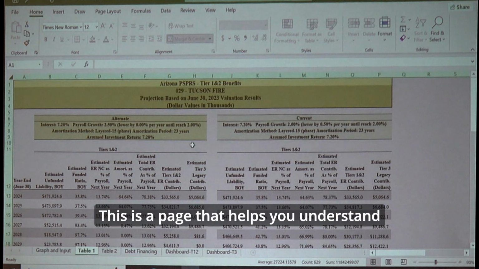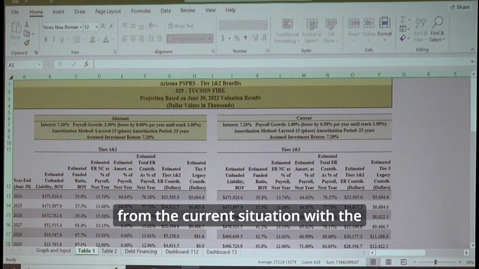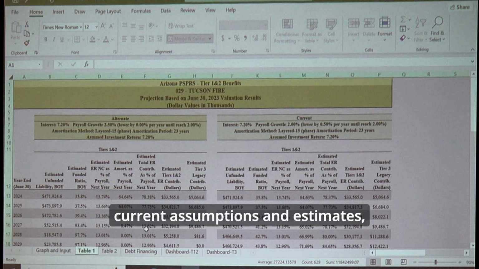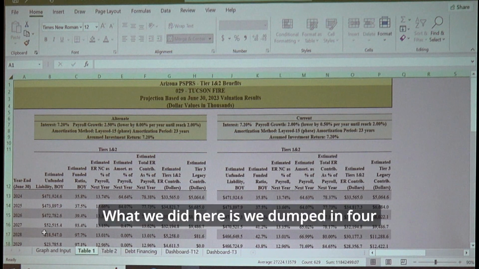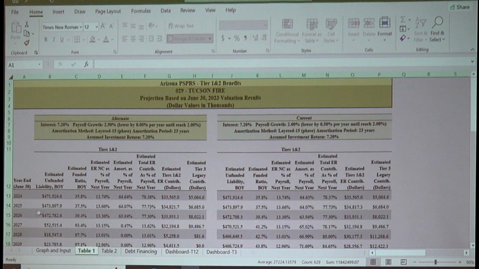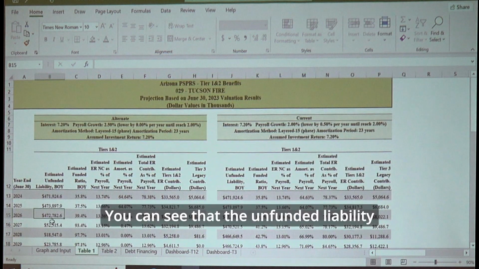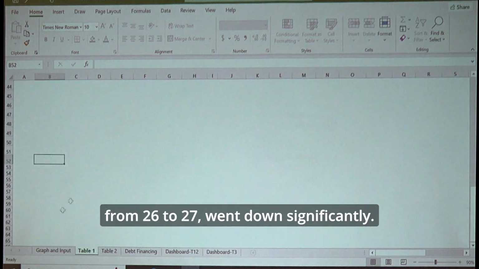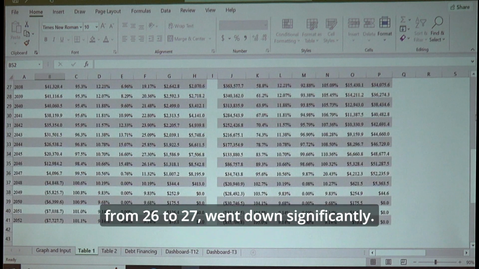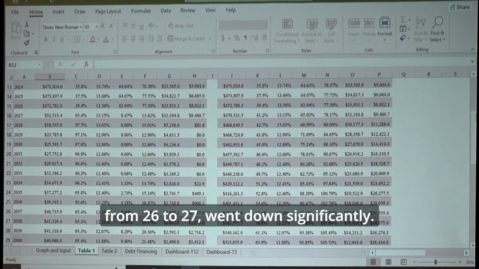This is a page that helps you understand the current situation with the current assumptions and estimates versus what we're modeling here. And what we did here is we dumped in $400 million. You can see that the unfunded liability in the first year went down significantly from 26 to 27.